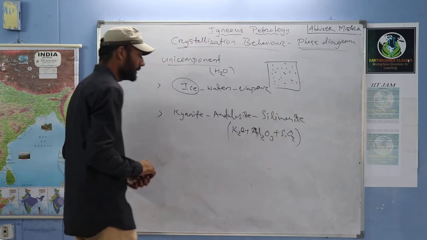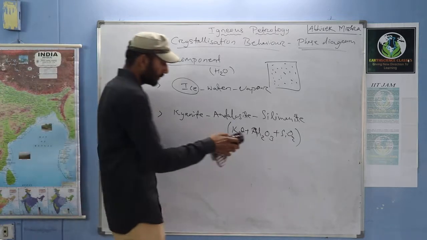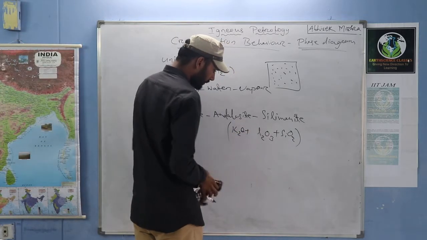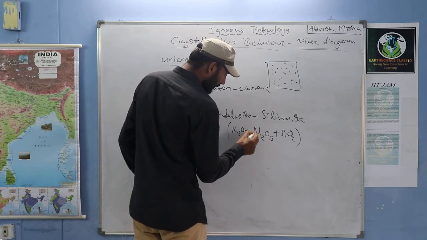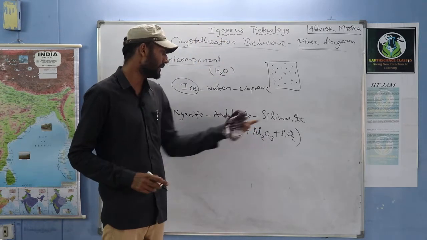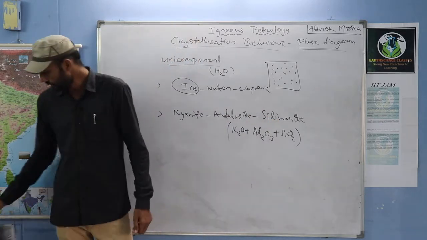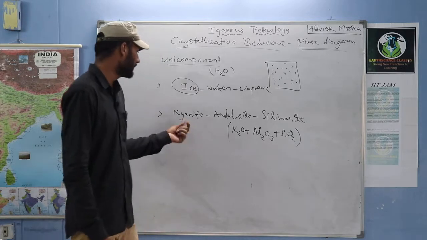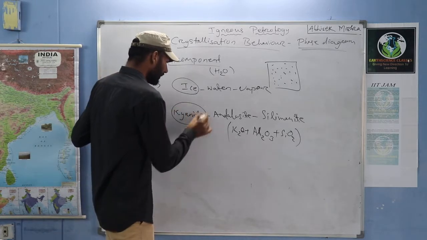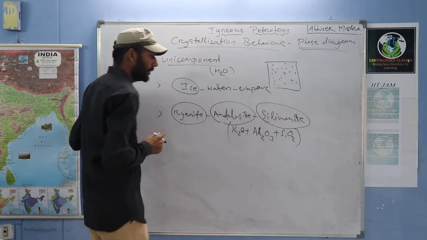So kyanite, andalusite and sillimanite have the same composition, potassium aluminium silicate, but they are different polymorphs.